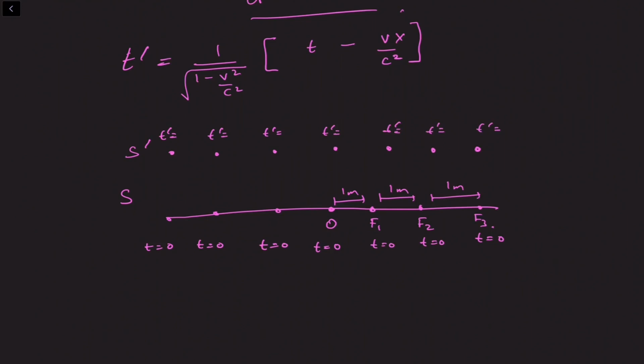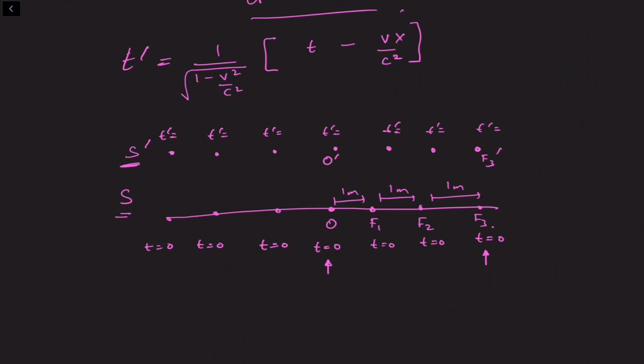Because the instant t equals 0 here and t prime equals 0 here can be attributed to the events of observer O and O prime meeting each other, and friend 3 and friend 3 prime meeting each other. The event of O and O prime meeting is not simultaneous with the event of friend 3 and friend 3 prime meeting as seen by observers on the train. They are simultaneous as seen by the ground observer, but not by the train observer.